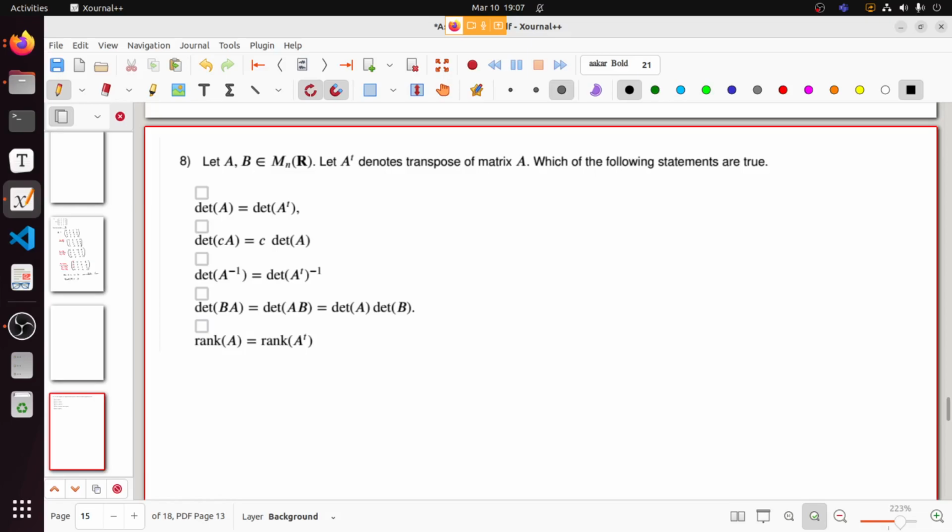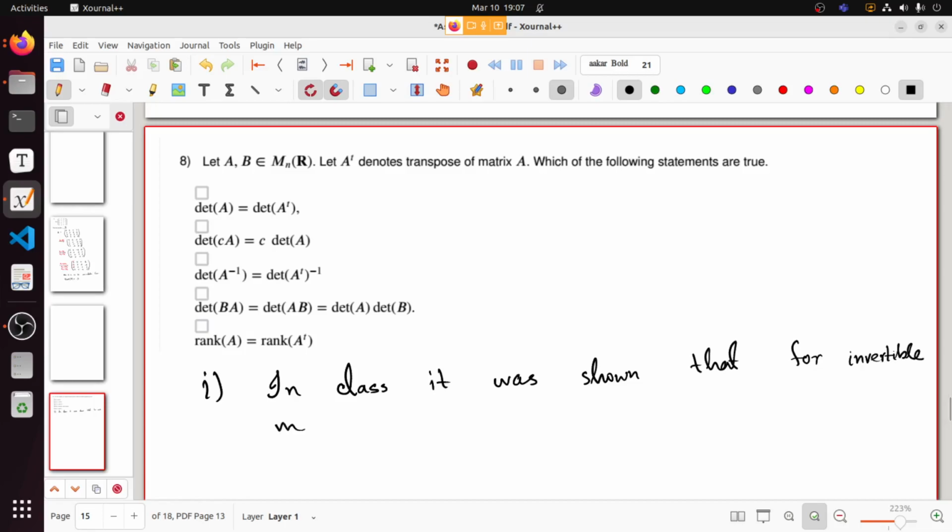So let's do it. The first one: in class it was shown that for invertible matrices, det of A equals det of A transpose, right?